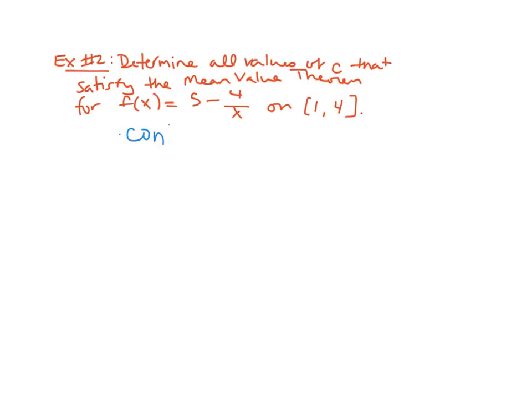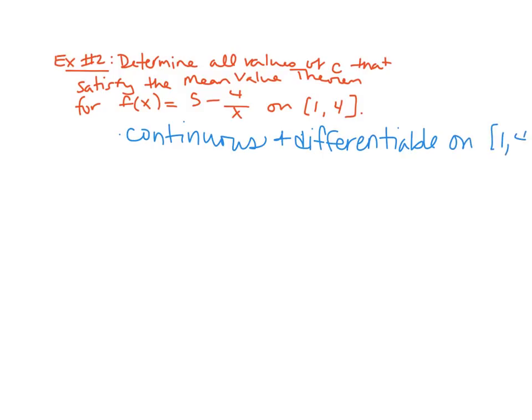So it is going to be continuous, and it's a rational function. It doesn't have any weird cusps or corners. So it's both continuous and differentiable on that interval. So it does satisfy that. So then we are allowed to use the mean value theorem.